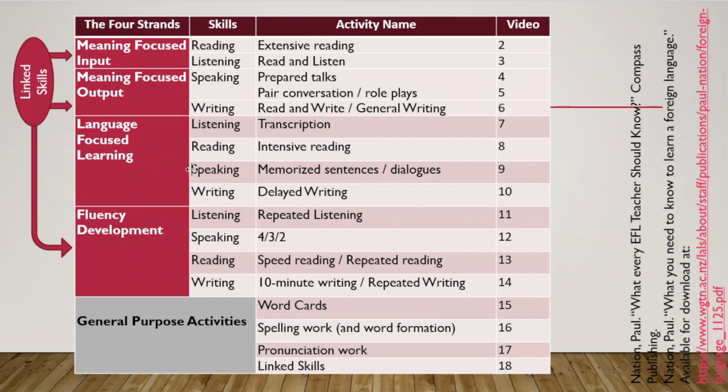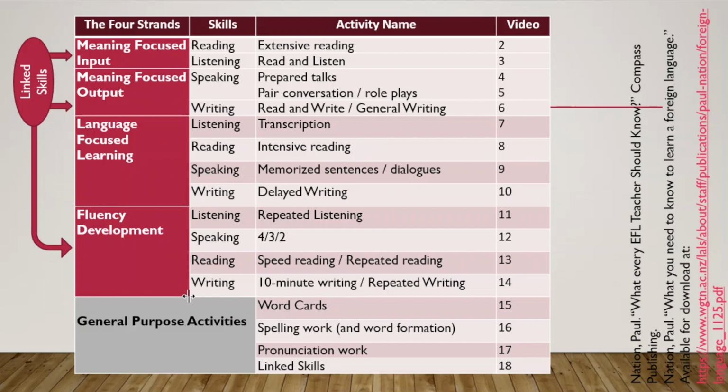So 1 hour is here, right? So you memorize sentences and dialogues, and then you also need to practice using what you've learned. If you spend 15 minutes with intensive reading, all that time needs to be balanced out with all the other strands. So don't work too much with intensive reading.